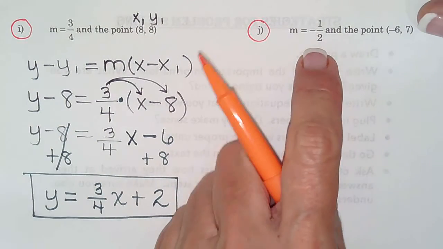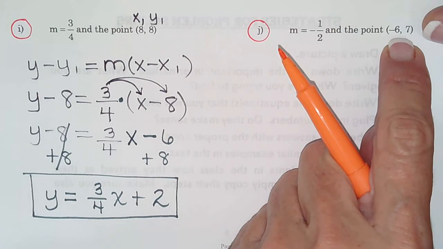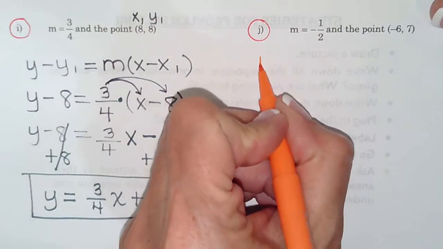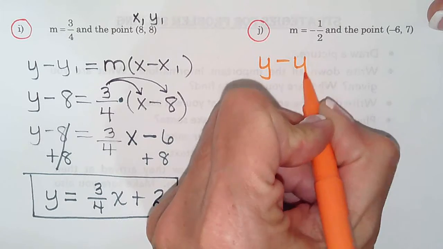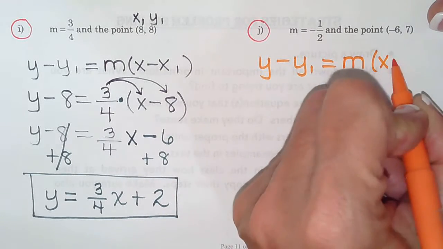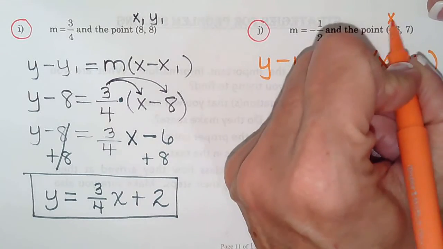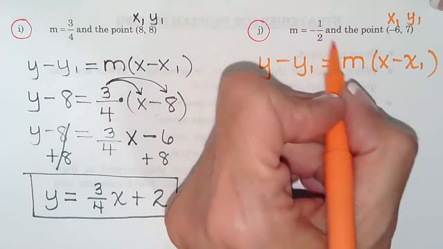Okay, so again, we have a fractional slope and a point that is not the y-intercept, so that tells me I need to write point slope form. Y minus y1 equals m times x minus x1. So here's my x1, here's my y1, there's my m.